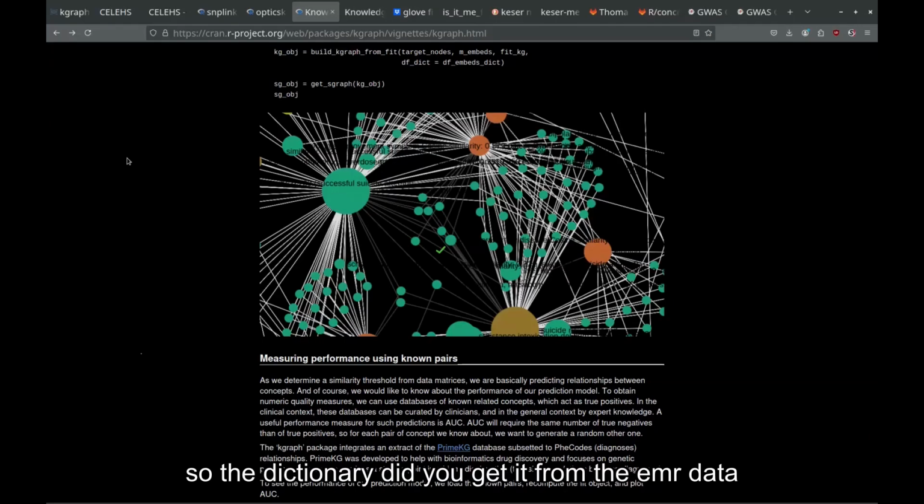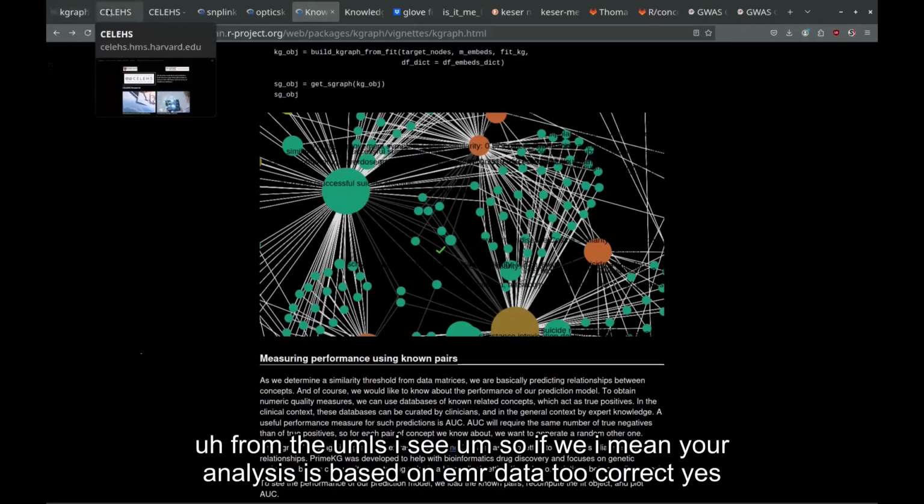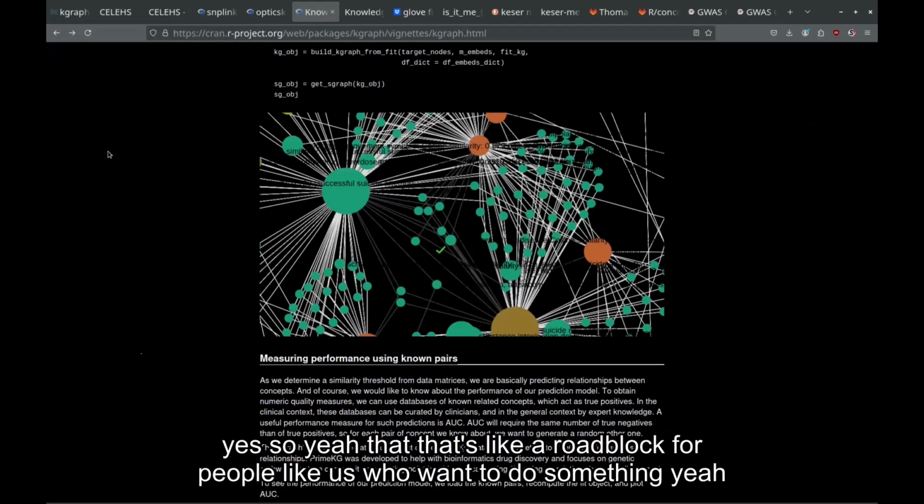So the dictionary, did you get it from the EMR data? From the UMLS. I see. So your analysis is based on EMR data too, correct? Yes. So yeah, that's like a roadblock for people like us who want to do something.